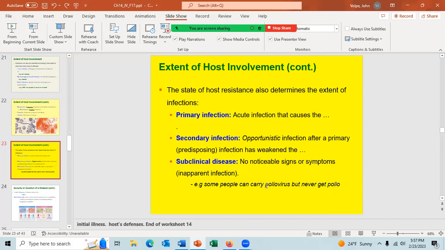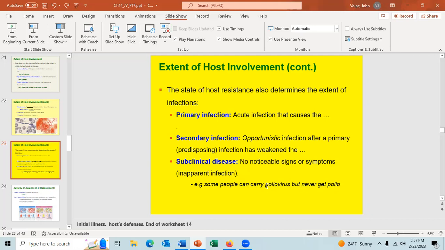A better example is most of you are young, if not all of you, in which case you can have an inapparent infection of COVID-19 where you will have no noticeable signs or symptoms. And this will happen about 50% of your COVID-19 infections.